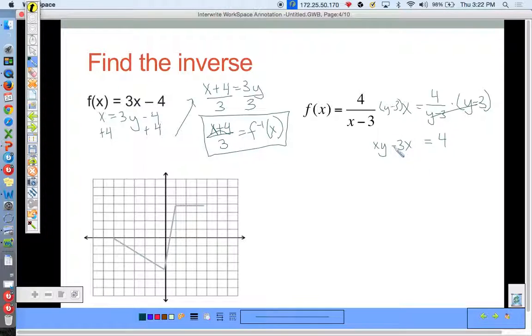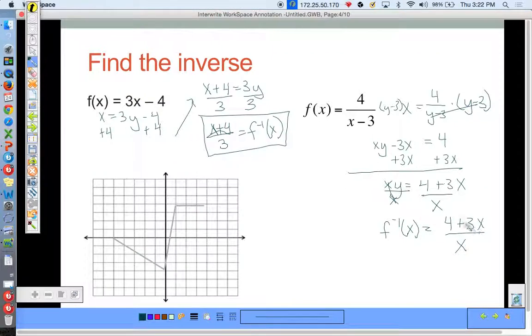And our goal is to get the y on a side by itself. So we can add 3x. xy equals 4 plus 3x. And we can then divide by x. So now our inverse is equal to (4 plus 3x) over x.